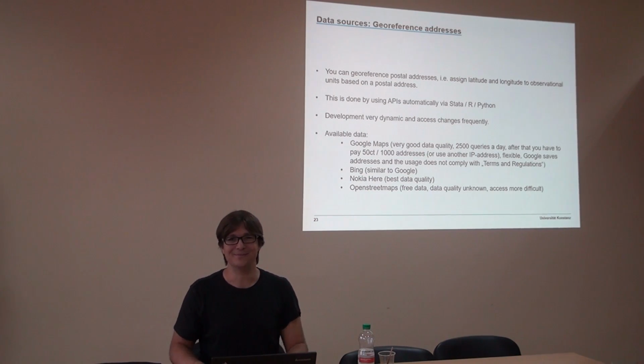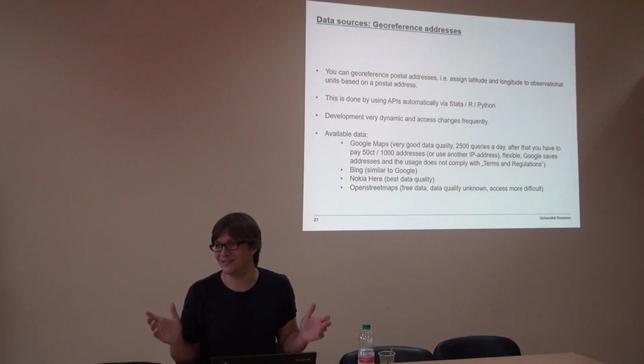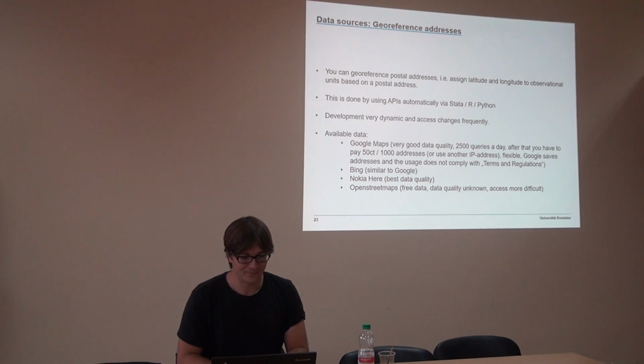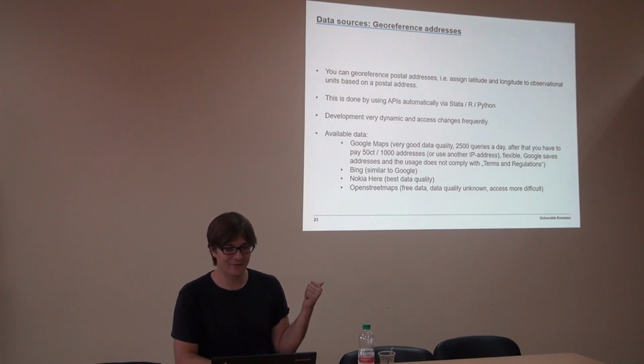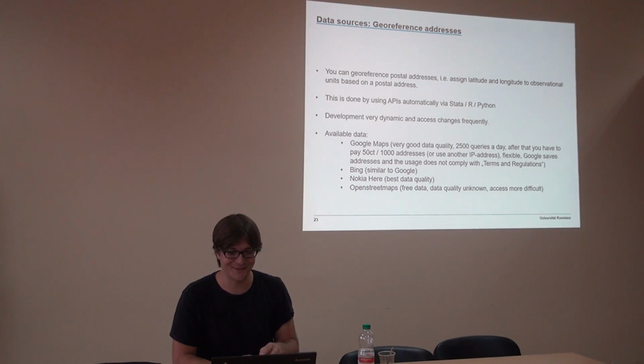We had like 200,000 addresses, and there it was not so easy. When you have only 10,000 addresses, you can wait 4 days and it's no problem. But after these 2,500 queries, you have to pay, I think 50 cents per 1,000 addresses. So it's not so expensive.